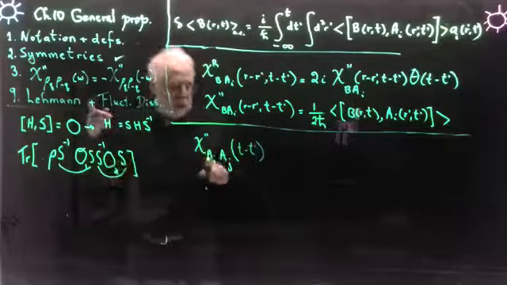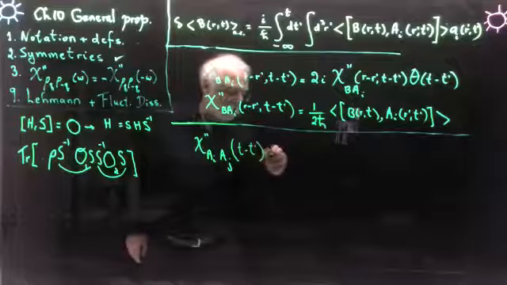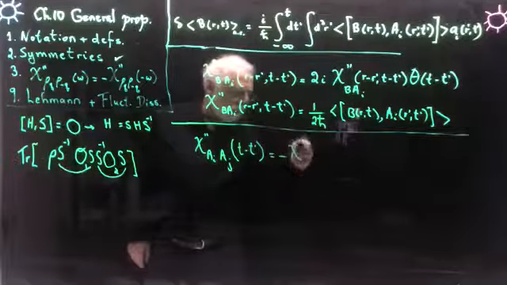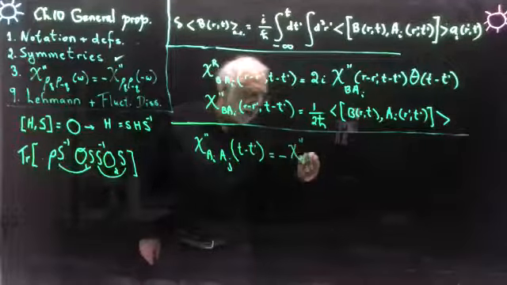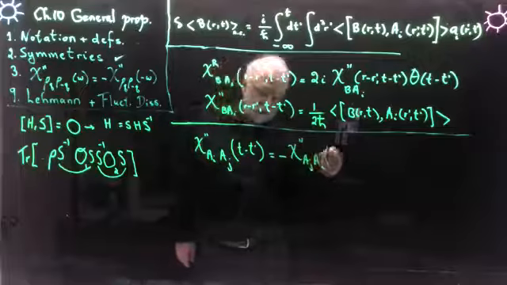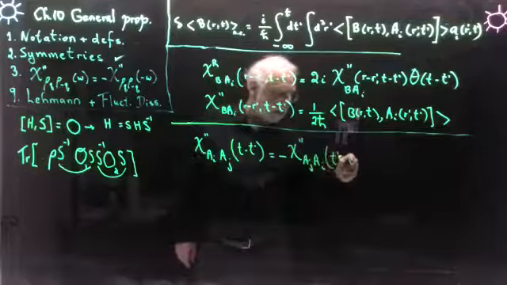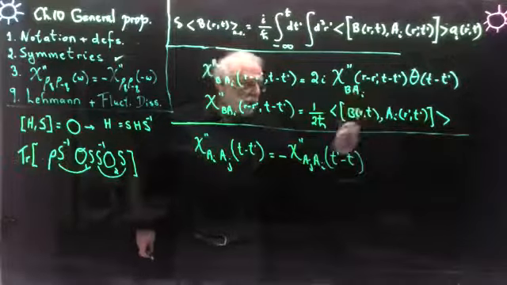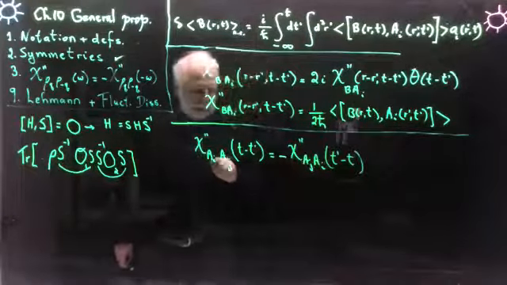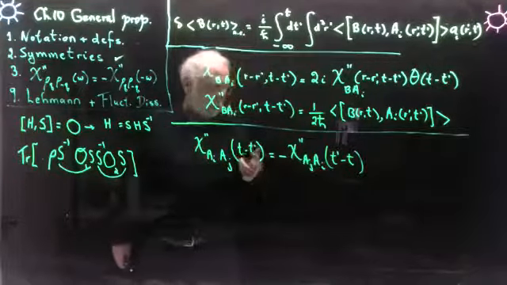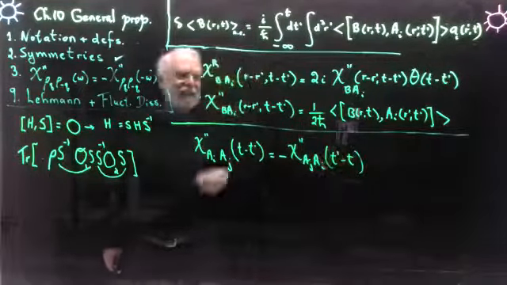So chi double prime of AI, AJ is equal to minus chi double prime of AJ, AI of t prime minus t. It's a commutator, so if I invert this, I just get a minus sign. You see, AI, AJ, now I have AJ, AI, and I have t minus t prime, now I have t prime minus t.